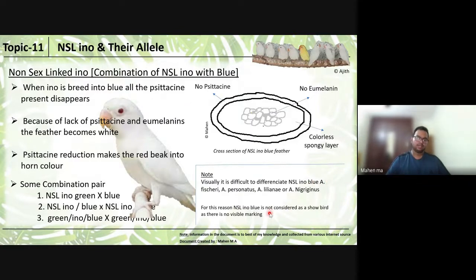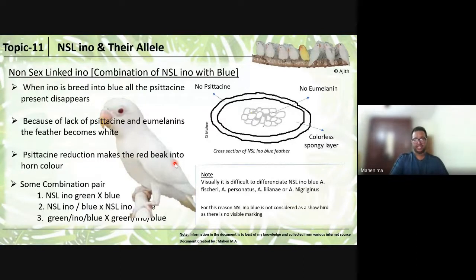Keep in mind that albinos are not accepted in most of the shows, and even some kind of Ino or Dec Ino combinations like this are always not accepted in the shows. Because they will not be able to judge what bird this is, whether it is a fischeri, a personata, or lilianae. So that is the reason it is always not entertained in the bird shows.